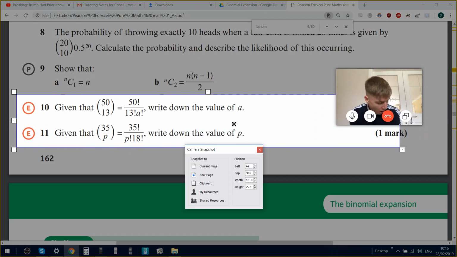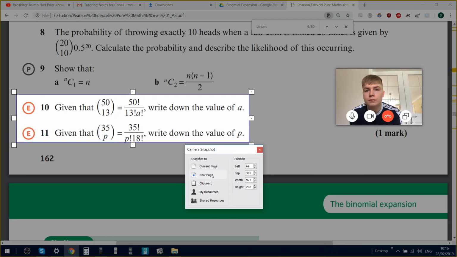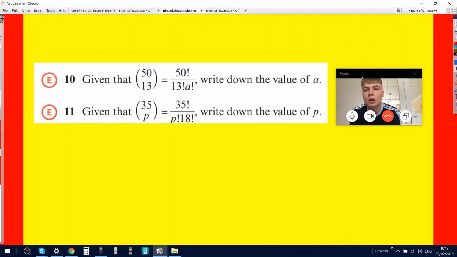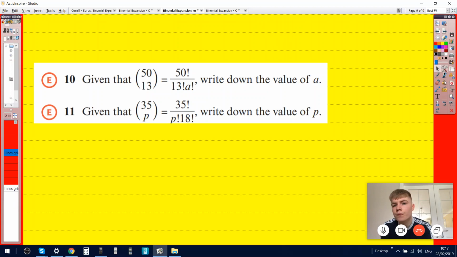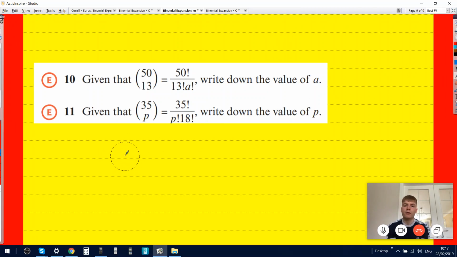Question 10. Given that... that's the same as writing 50 choose 13. Is it? Yeah.